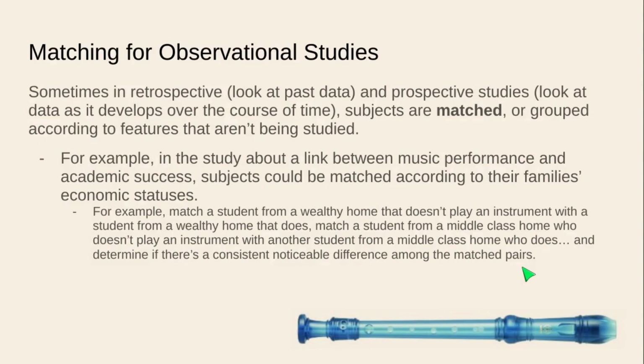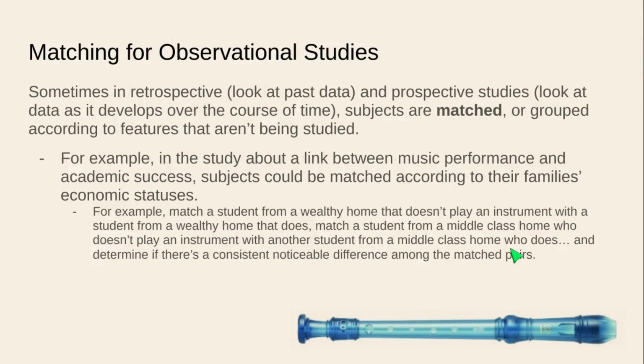We are, in this case, taking groups of two, groups of matched pairs: the student from the wealthy home who doesn't play an instrument with a student from the wealthy home who does. See if there's a difference there. Student from a middle class home who doesn't play an instrument with another student from the middle class who does. And we compare those two. And maybe we could have a student from an underprivileged home who doesn't play an instrument with a student from an underprivileged home that does.